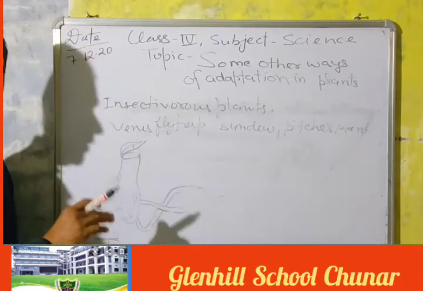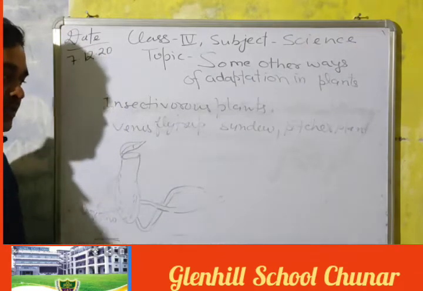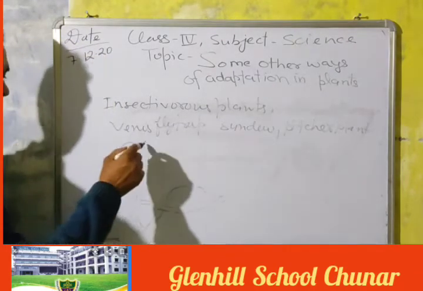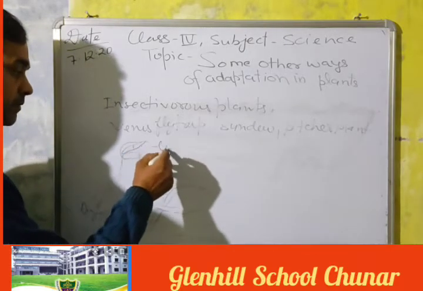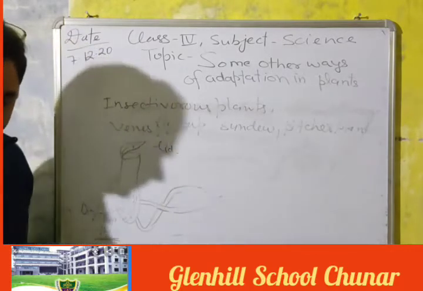So the plant can fulfill its nutrients from the insects. This is the pitcher plant. This is the leaf.